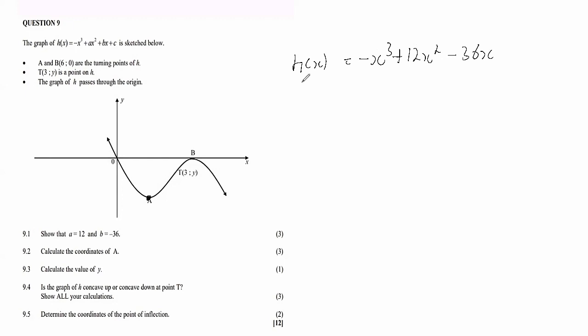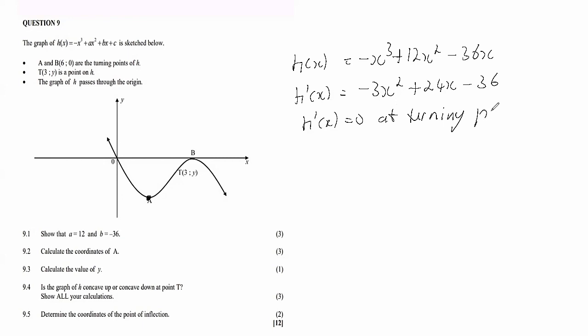Now we know to calculate the turning point, first derive, and this is negative 3x squared, and then here we have 24x, and then minus 36. Now at this point, we know that h prime x must be equated to 0 at turning points, right? Because we're saying the gradient of the graph at the turning points is equal to 0.